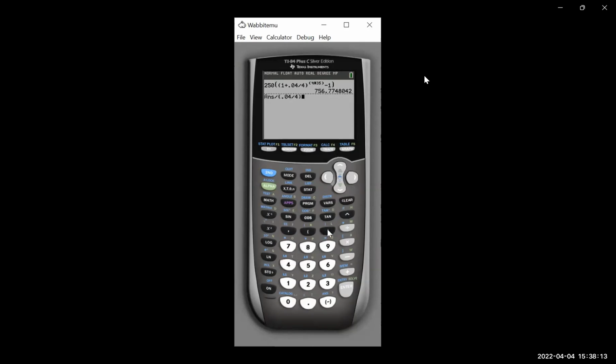All right, and now I'm doing the denominator. 1 plus 0.04 divided by 4.